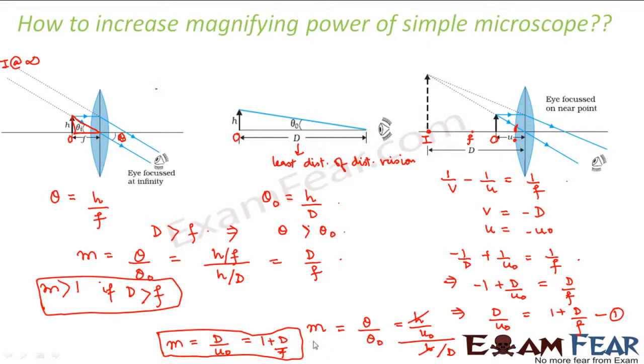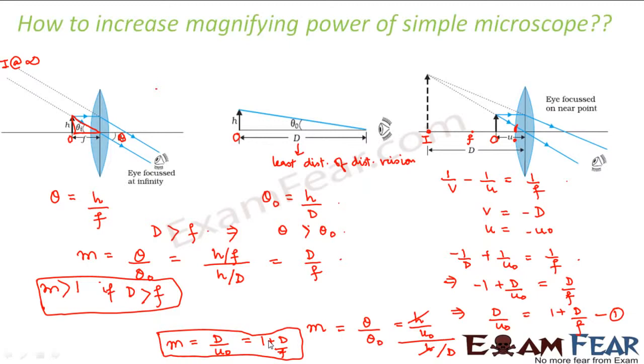So what can we predict from this equation? We can see that m can increase only up to a certain limit. Beyond that, the image becomes very defective, because if you look at it, it is 1 plus d by f. Now the factor d by f actually determines how large the magnification can be.